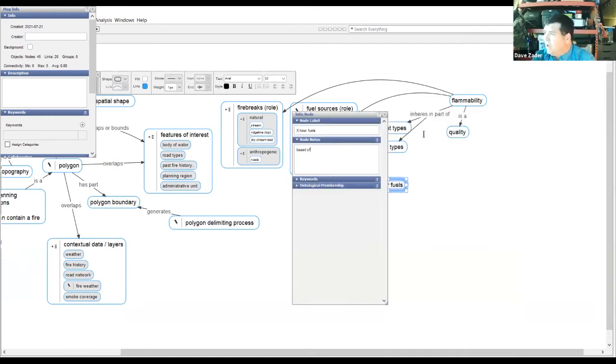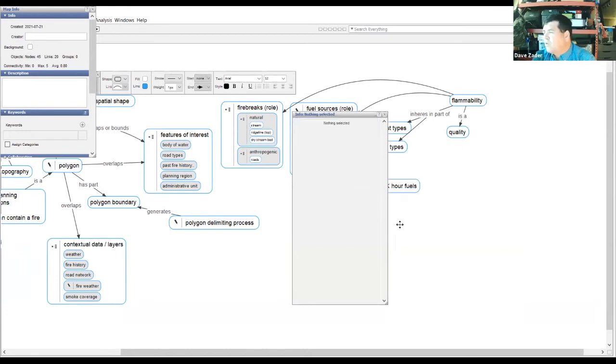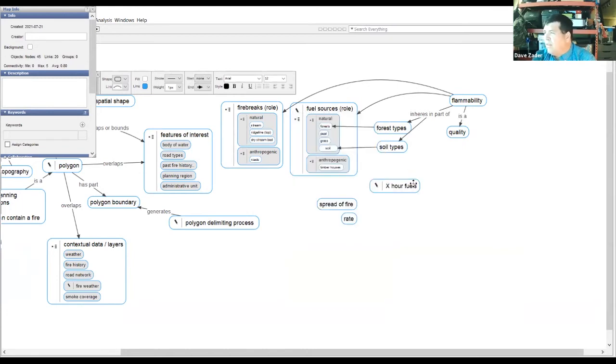So it could have been rained on in the morning and then you get some sun on it and it can dry out within that 1-hour period and become flammable again. Whereas something like a big heavy log is going to be more seasonal. If it's a dry season, then that fuel will become more flammable. If it's a wet season, it will be less flammable. But it doesn't change as quickly.